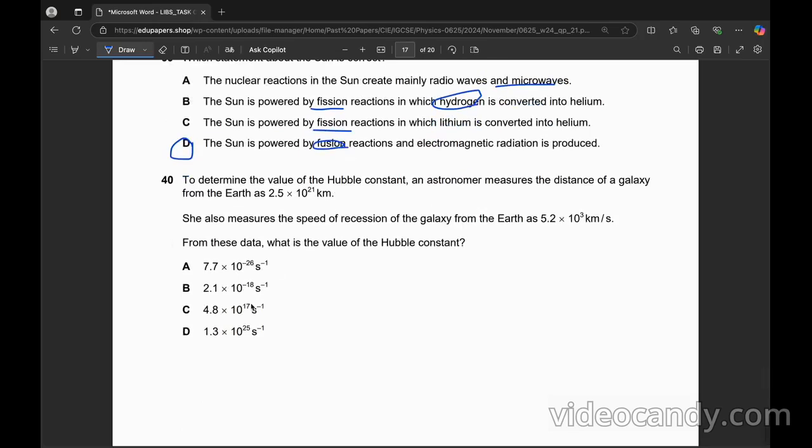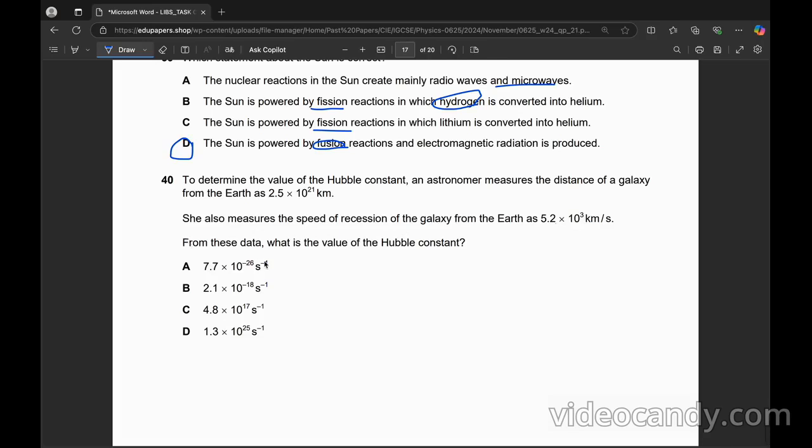40. To determine the value of the Hubble constant, an astronomer measures the distance of a galaxy from the Earth as 2.5 × 10^21 kilometers. She also measures the speed of recession of the galaxy from the Earth as 5.2 × 10^3 kilometers per second.